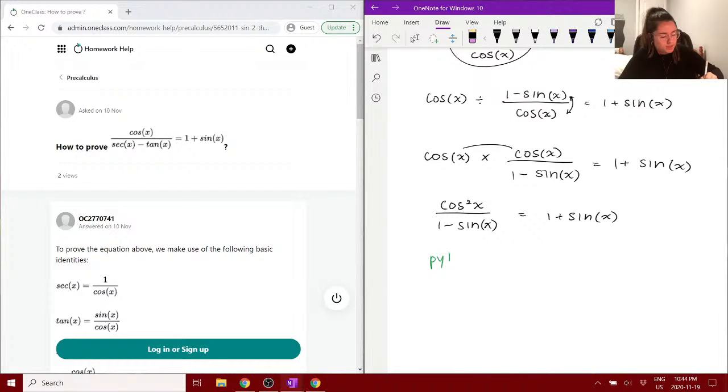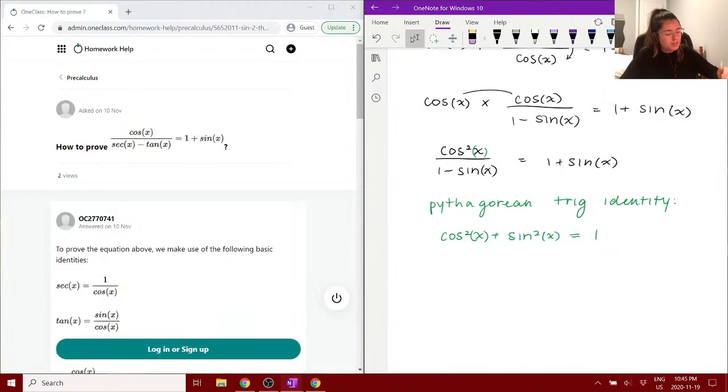This is the Pythagorean identity, or trig identity, I guess let's say. Trig identity. And that is that cos squared of x plus sine squared x, I kind of am writing the brackets and not writing the brackets, but you understand that it means the same thing, is equal to 1 when you add them.